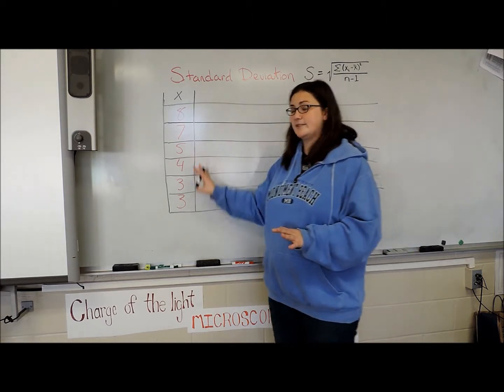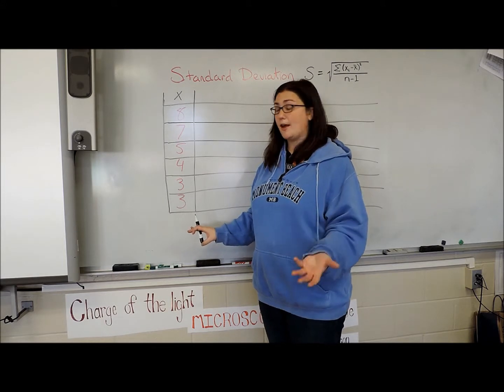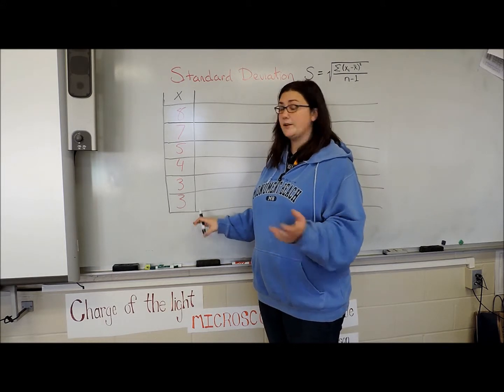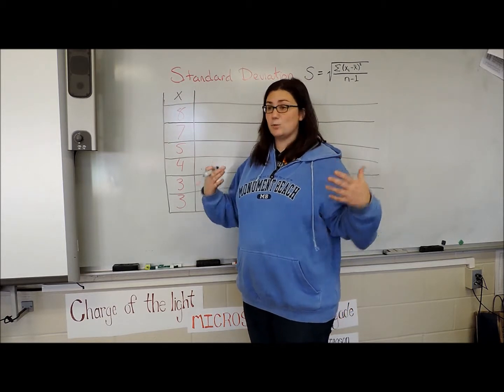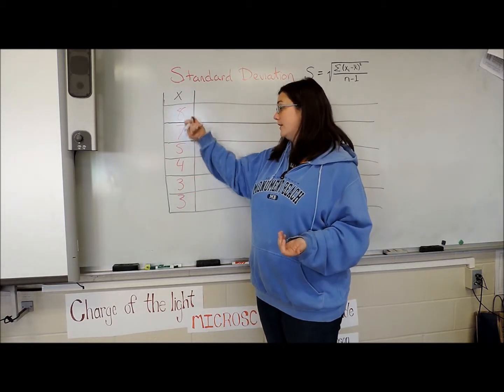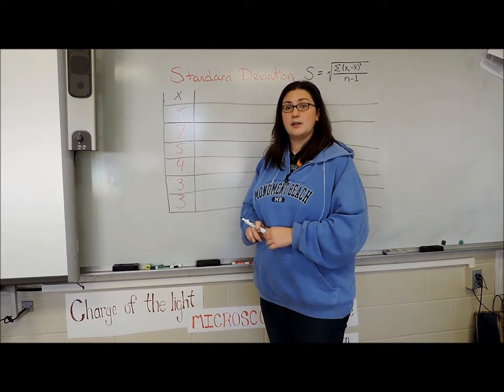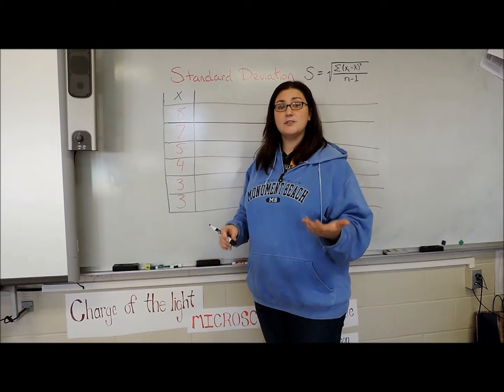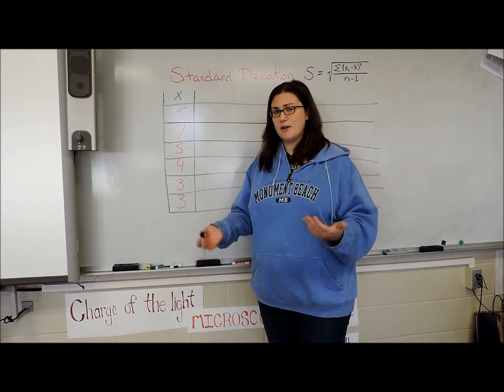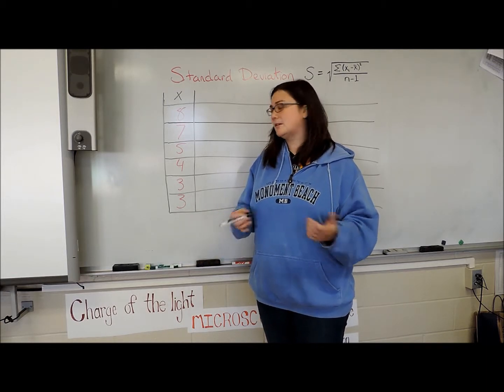So we've got a list of numbers. These are the numbers we have been using before, data set 1. And I've listed X at the top. X just represents whichever samples we have. So we have 6 different samples, and they're in this X column. What we're going to do first is we've got to average them, because you have to know the mean to find out how far everything deviates from the mean.